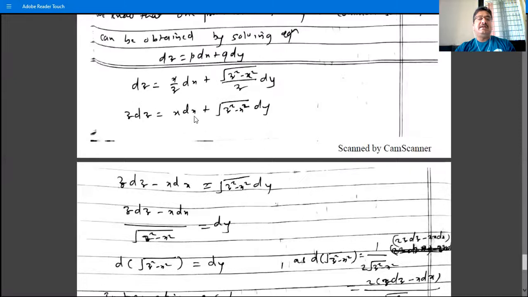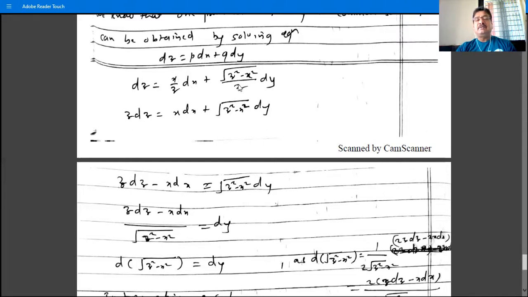So we have to ready these factors for integration. So this equation dz = p dx + q dy is a Pfaffian differential equation, so apply one of the methods of the Pfaffian differential equation to obtain the solution of this equation.